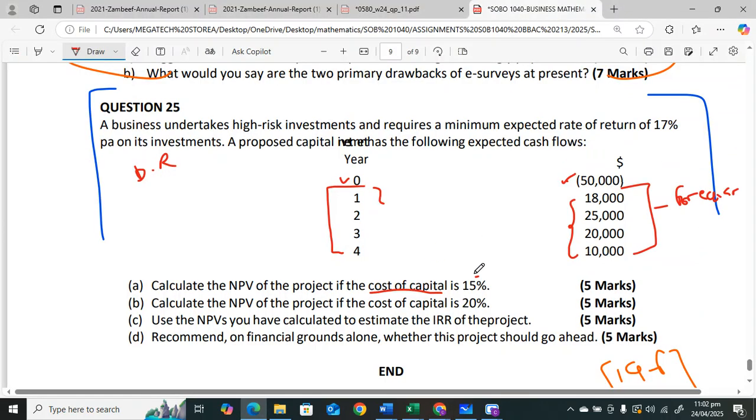So this will be our discount rate. This is the formula for how you convert money in the future into today's value.